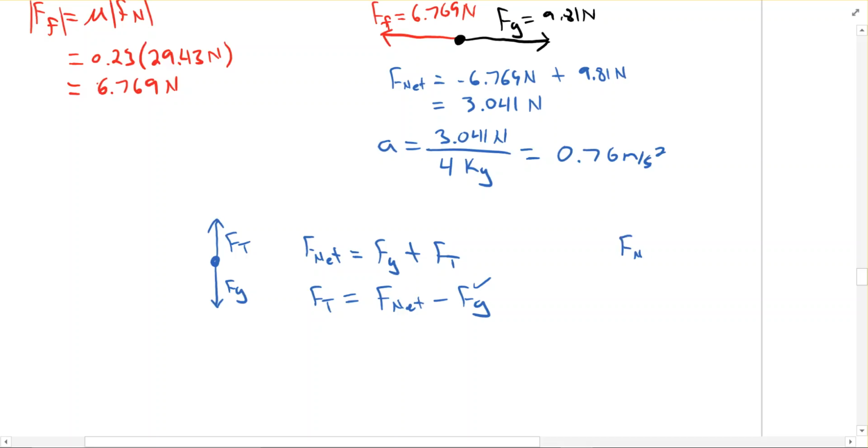So we'll go F net is going to be equal to mass times acceleration. Our mass here is just going to be 1 kilogram. And our acceleration is going to be the acceleration that we just found, so 0.76 meters per second squared. So F net's going to be 0.76 newtons.